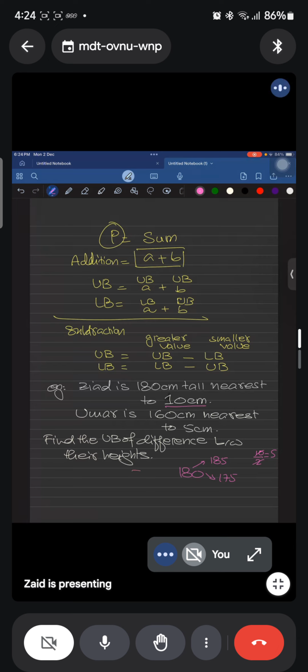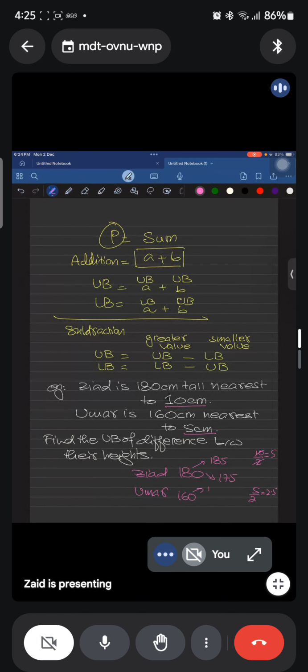Now for Umar, it's nearest 5 centimeters. So 5 divided by 2 is 2.5. 160 was Umar's height, so the upper bound is 162.5 and the lower bound is 157.5. You all agree with this?